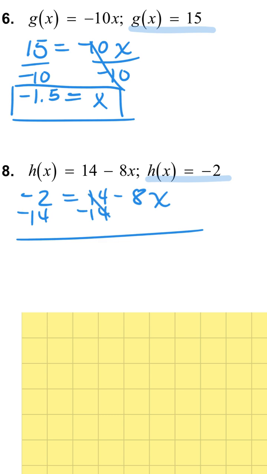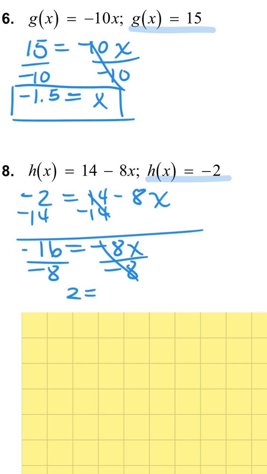So we have negative 2 minus 14 gives us, yes, negative 16, which equals negative 8x. I'm going to divide by negative 8, which gives us positive 2 equals x. So that is for number 10.